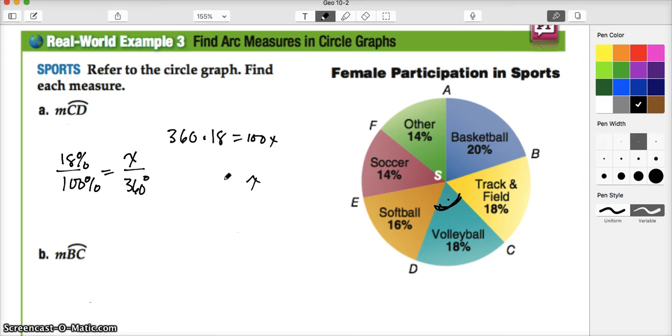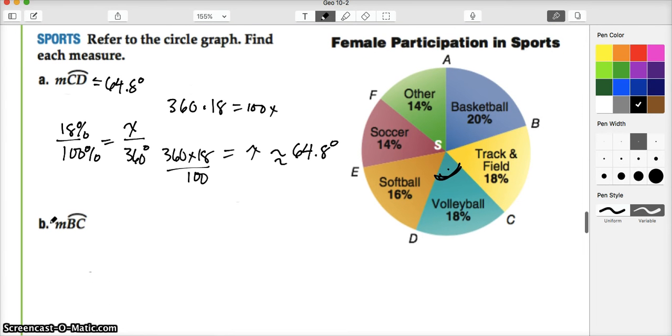So to get x, you would say 360 times 18 divided by 100. From my calculations, the central angle here for volleyball, CD, is going to be 64.8 degrees. So that's the measure of that arc. The measure of the arc is the same as the central angle, 64.8 degrees.